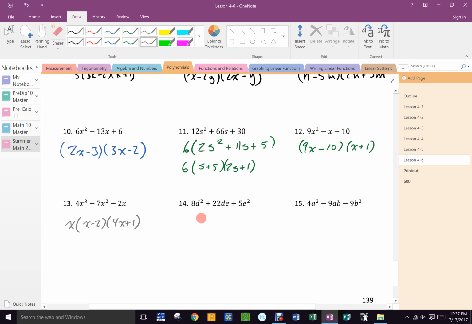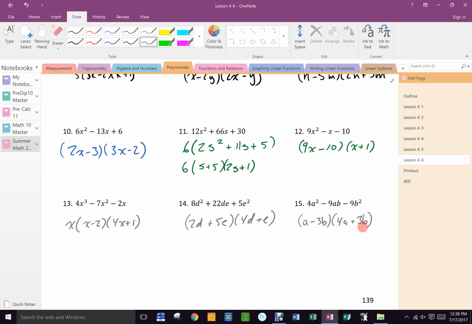And 14? 2d plus 5d times 4d plus 1d. Yep. I'll do the last one. Okay. It is a minus 3b and then 4a plus 3b. Good job, Bernie.